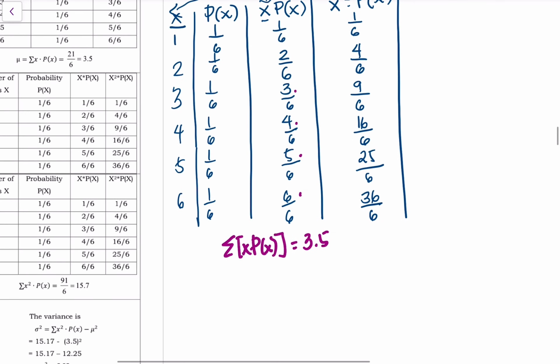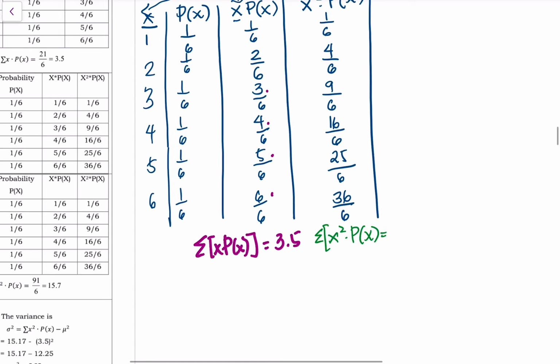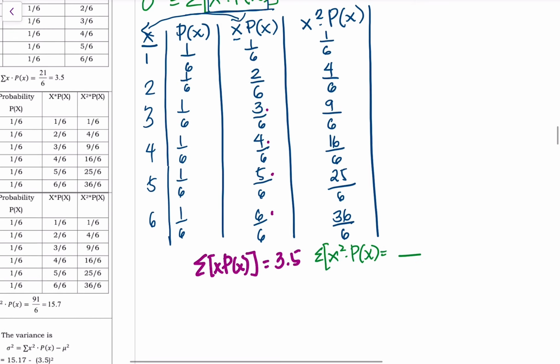So, if we get the summation of this, I'll be using a different color. Okay, so for that one, we have summation of x squared times p of x. If we are going to add all of it, of course, we have the same denominator. Copy lang natin.